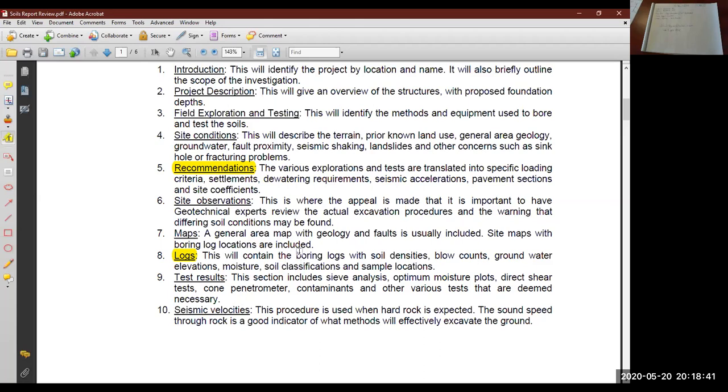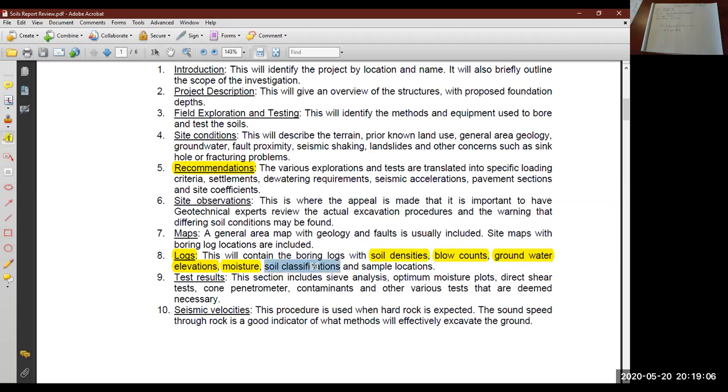So they do different things in the logs. They tell you how dense the ground is by the blow count. If groundwater is encountered in the borehole, you'll be told what elevation it was at. You're told the moisture content of the soil, so how wet it is, is it dry, is it really wet?